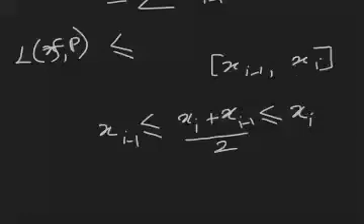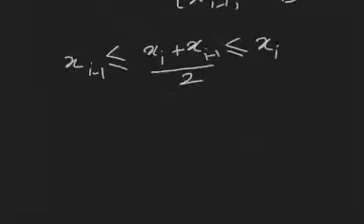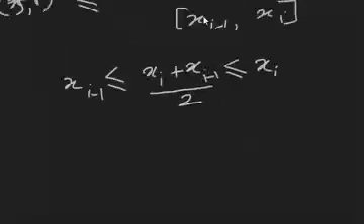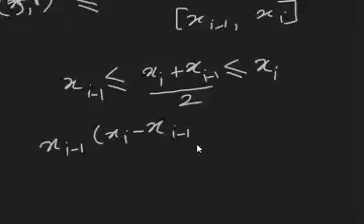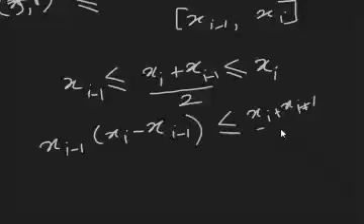So x_{i-1} is less than or equal to (x_i + x_{i-1})/2, which is less than or equal to x_i. I multiply the whole inequality by the width of the subinterval, x_i minus x_{i-1}, which is a positive value.